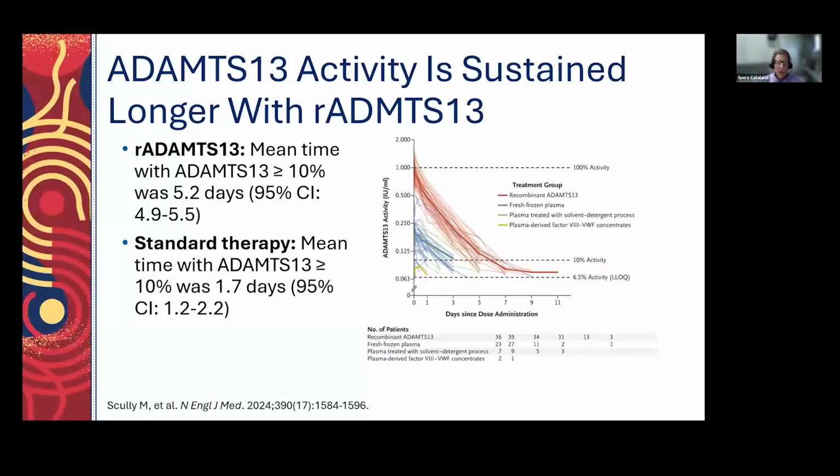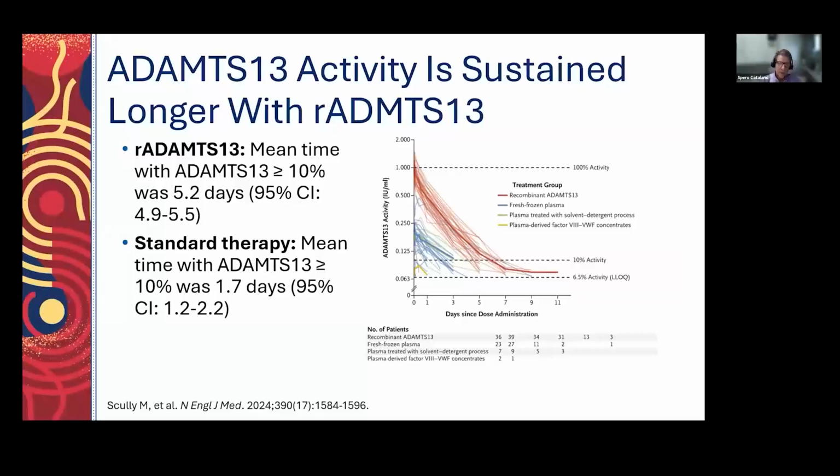You've heard this from Marie already, in the ADAMTS13 activity that you can achieve with recombinant compared to plasma-based therapies, plasma infusion. And it's roughly a 5-fold greater time period that you're going to be over an ADAMTS13 activity of 10% with recombinant compared to plasma. So it very much is difficult to really recommend weekly plasma-based therapy, knowing that you really don't have that great achievement of the ADAMTS13 activity that you're looking for.